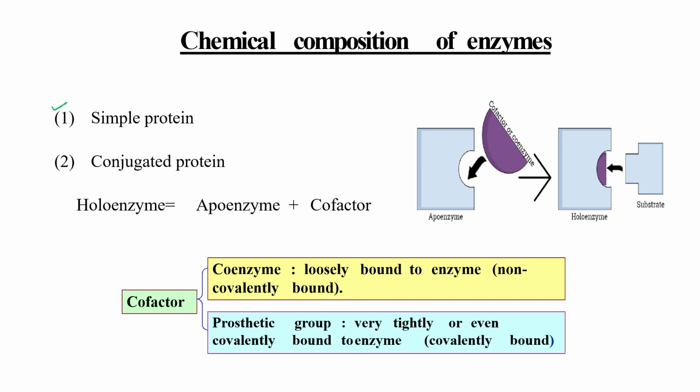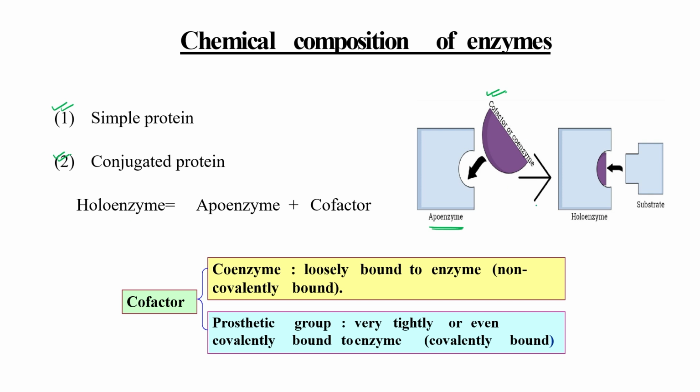Some are in a simple proteinaceous form, some in a conjugated proteinaceous form. Any enzyme in a conjugated form has two different parts. One part is known as the apoenzyme, another part is known as the cofactor.